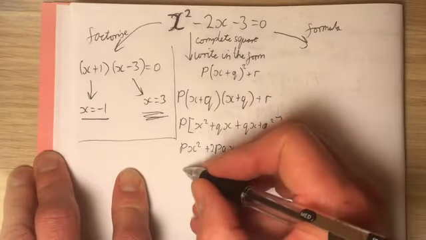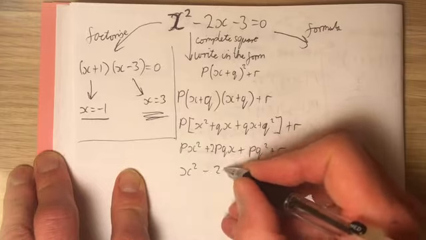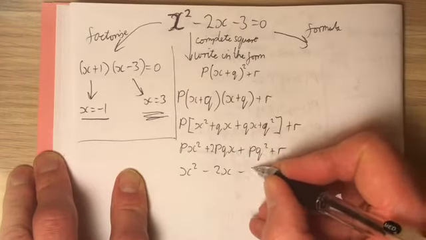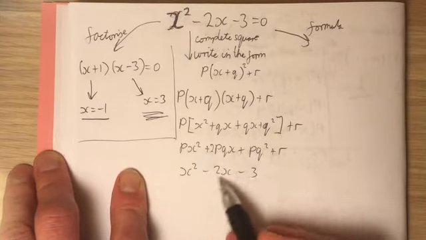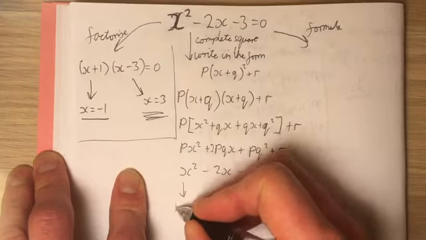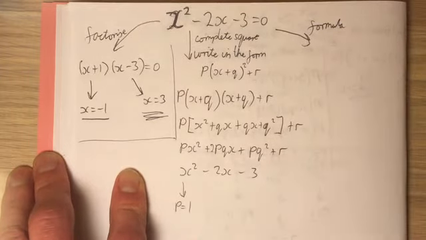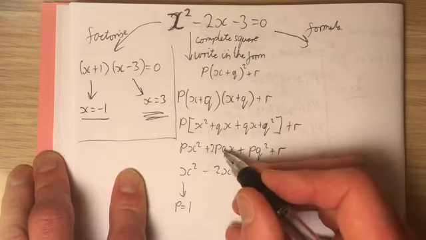So let's look at the x squareds. We used to have x squared, we used to have take away 2x, we used to have take away 3. Now here I've got px squared, here I've got x squared. How can I make them equal? How can I make them match? Basically, p is going to have to be 1. Here I've got negative 2x's, here I've got 2pqx's.